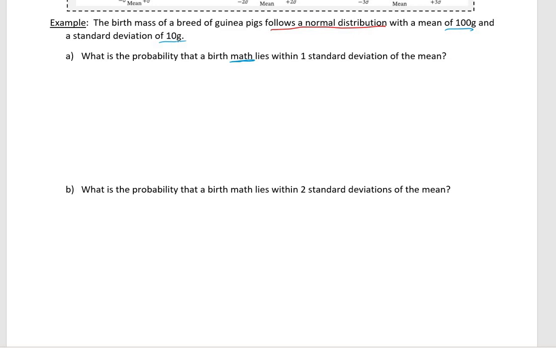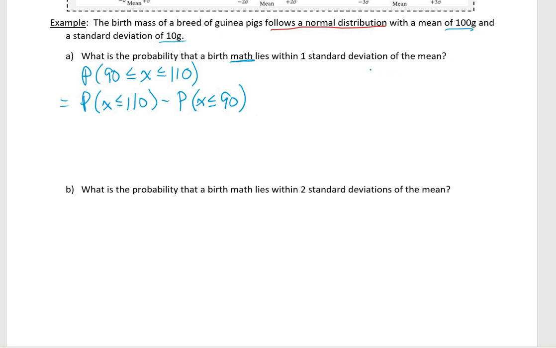So within 1 standard deviation means 10 above, 10 below. So we're looking at the probability that 90 is less than or equal to x is less than or equal to 110, which from last day is the probability that x is less than or equal to 110 grams minus the probability that x is less than or equal to 90 grams.